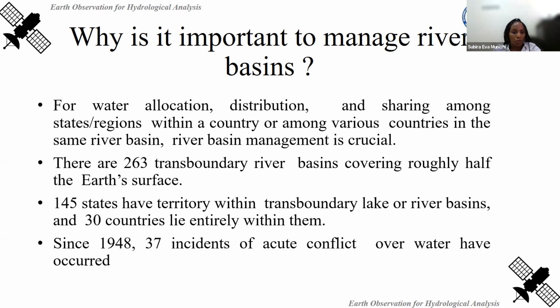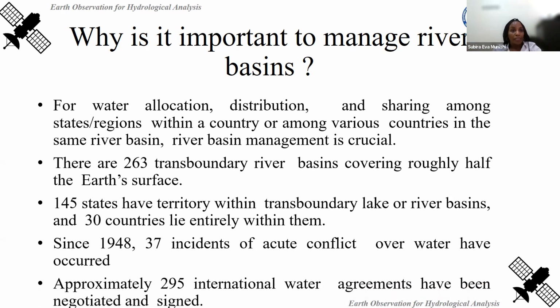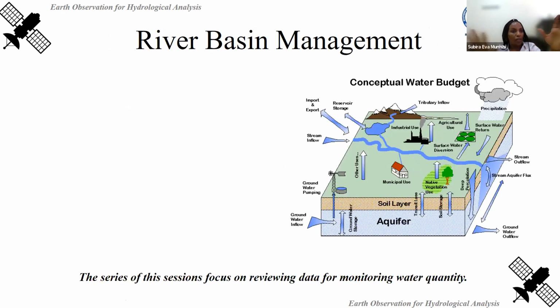This is why we use remote sensing and satellite information, so that you are well informed. Like in Tanzania, we have the Lake Victoria Basin, and we share it with Kenya and Uganda. It's not possible when Tanzania wants to make a decision to know everything that is in Kenya, everything that is in Uganda. But satellite data and remote sensing techniques have been helping us a lot in making decisions on how to use and allocate this water without bringing harm to another riparian state.